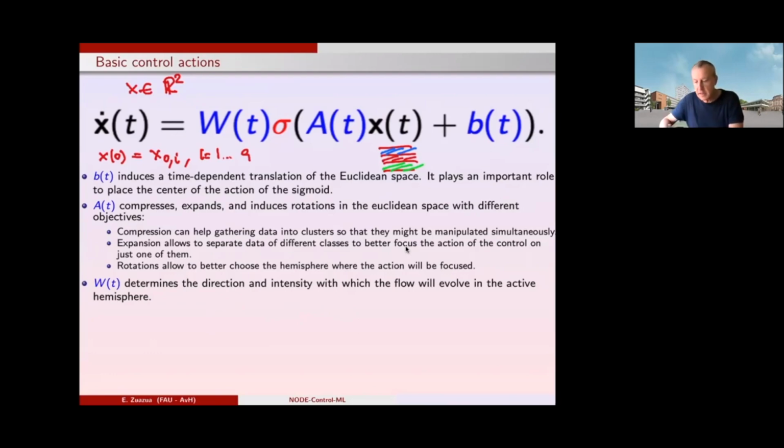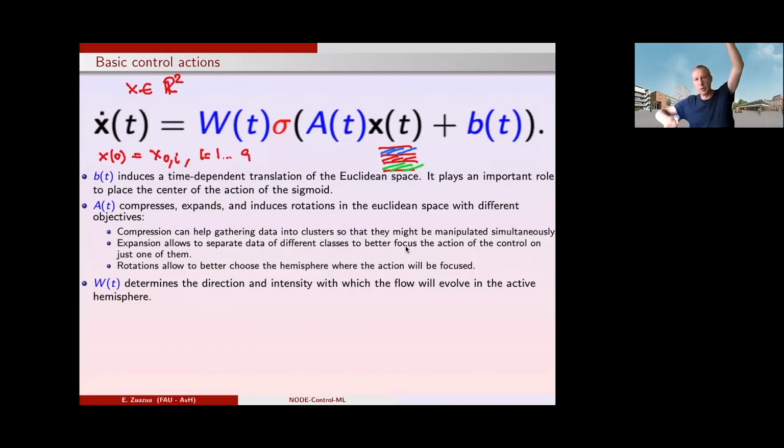Now, let's see what each parameter does. A(t) is a matrix multiplying the state x(t). So it's basically a rotation and a dilation or compression. The A allows me to rotate the x and then compress or expand the variable, eventually in an anisotropic manner, right?